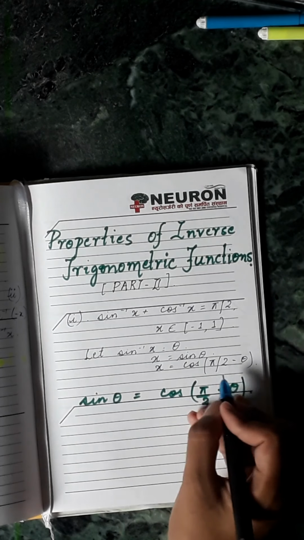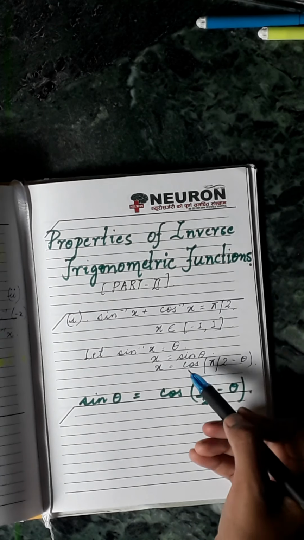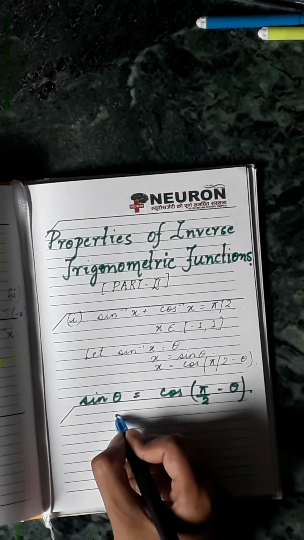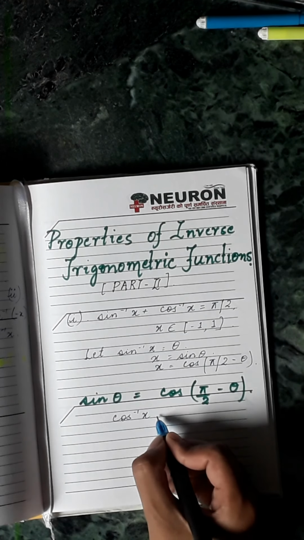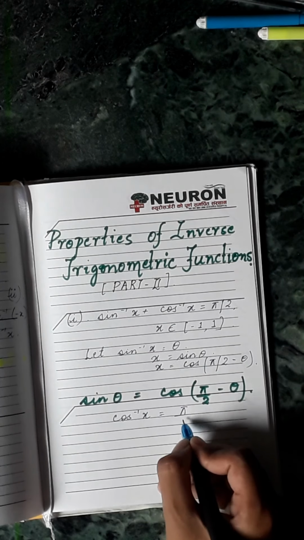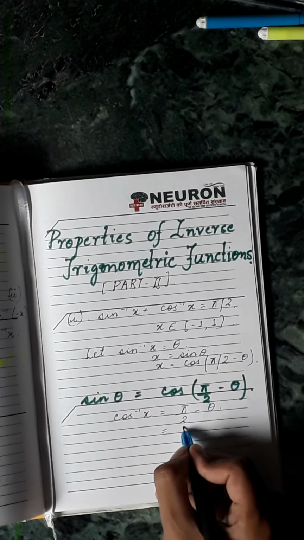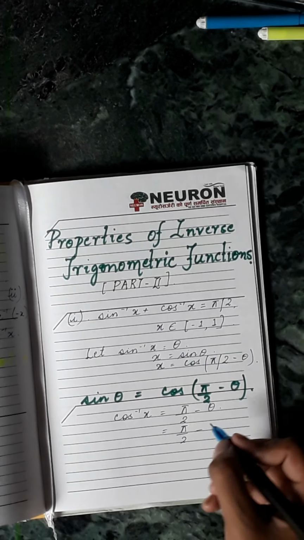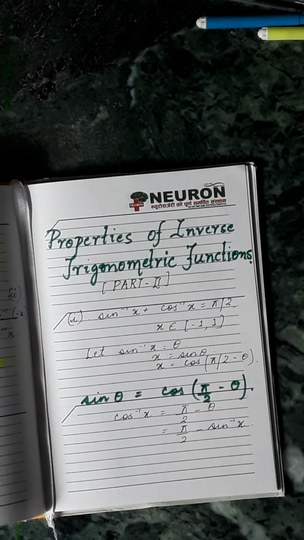So, what is the next step that you have to do is, you have to take cos again from RHS to LHS. So, it will become cos inverse attached to x, cos inverse x is equal to pi by 2 minus theta. It is pi by 2 minus, in place of theta you can write sine inverse x.